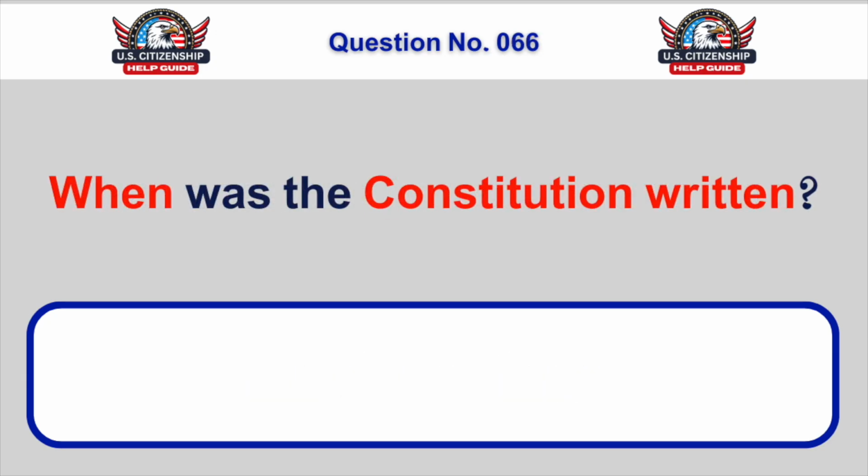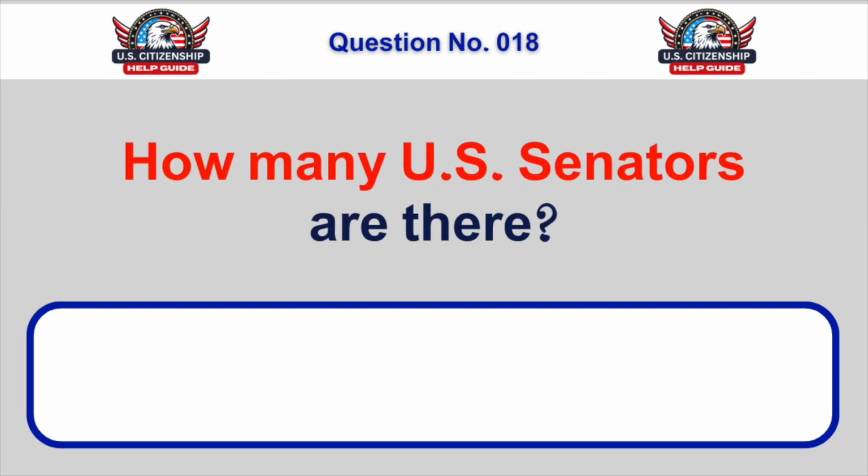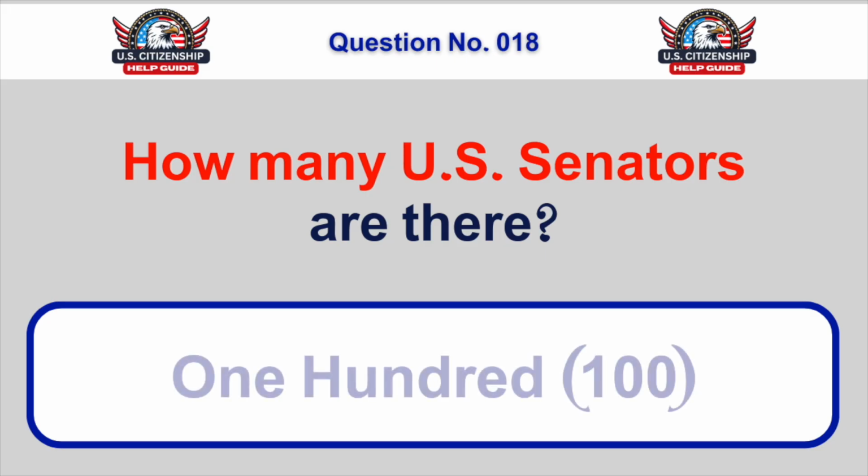When was the Constitution written? 1787. How many U.S. senators are there? 100.